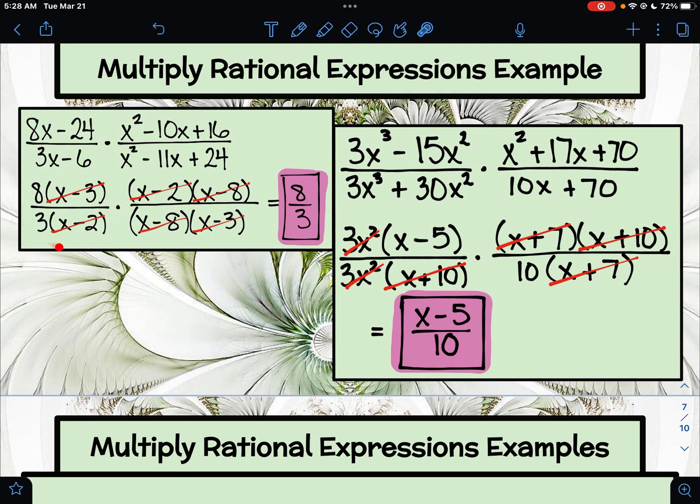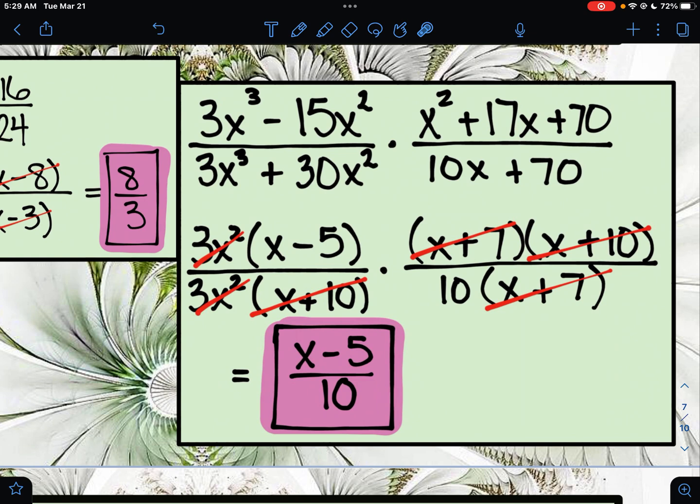I simplify each fraction as best I can, factor whatever they have in common out, and then cancel what's left. If all the algebraic factors cancel, you are just left with the numbers. And if those numbers, say, instead of 8 over 3, we had 16 over 6, you would need to simplify that.